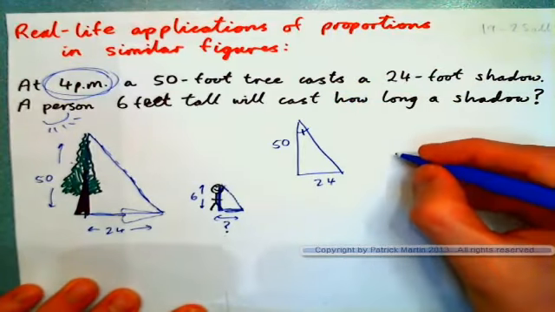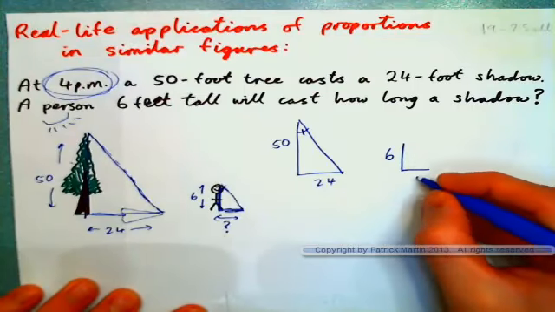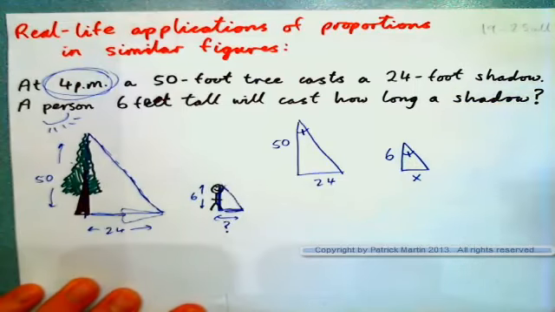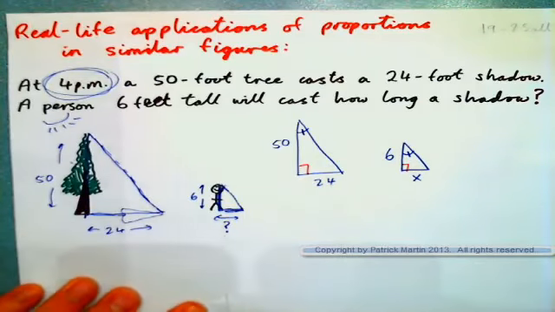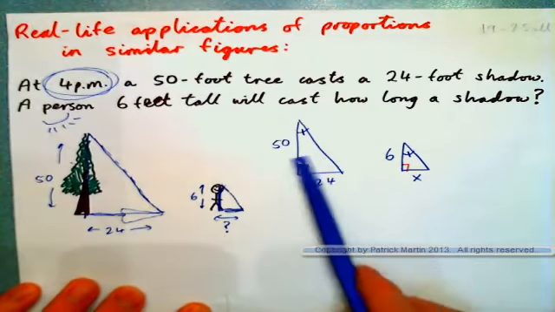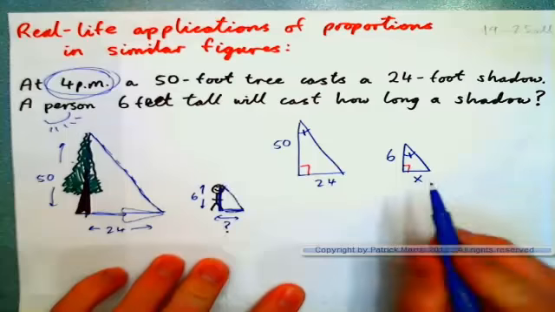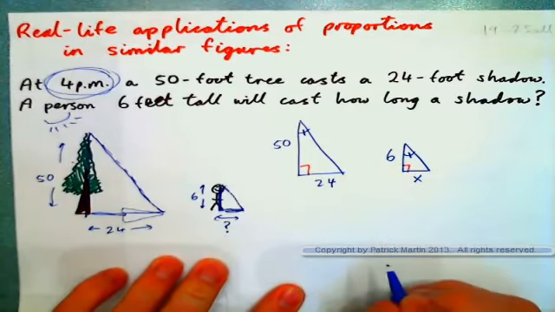We've got another triangle that is 6 feet high. This distance is unknown, we'll call it x. But again, this angle is the same. Now this is also a right angle triangle, so we do amazingly have similar figures. We have triangles of the same shape, and we know what to do from here. We need to find the value of x.